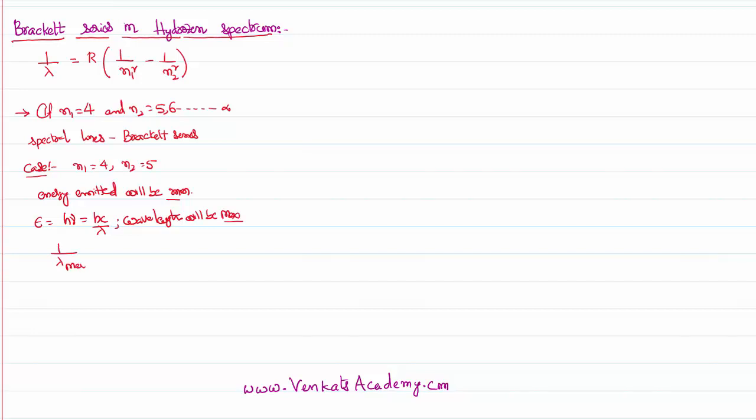So 1 by lambda maximum is Rydberg constant of 1 by n1 square minus 1 by n2 square.